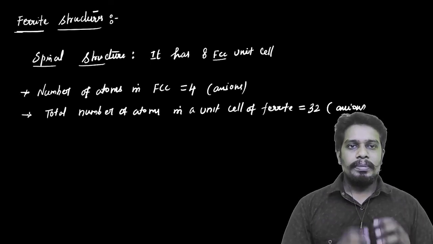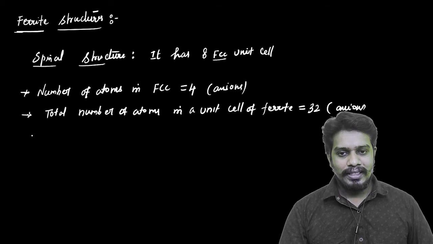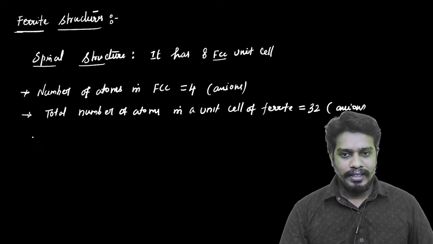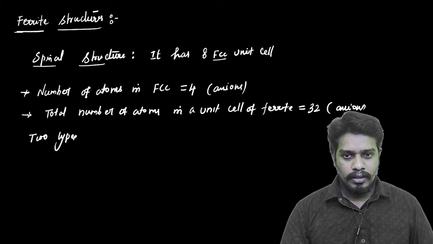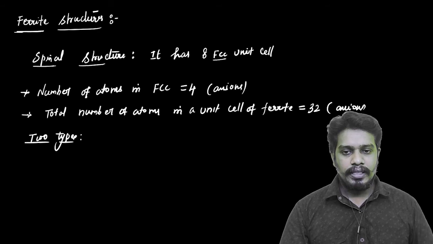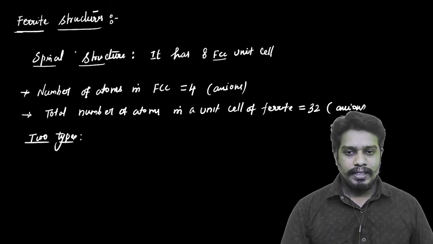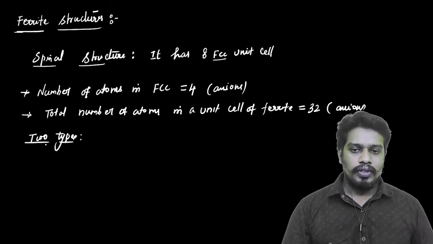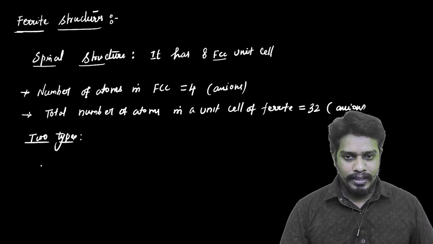What types of spinel exist? There are two types of structure in ferrites.